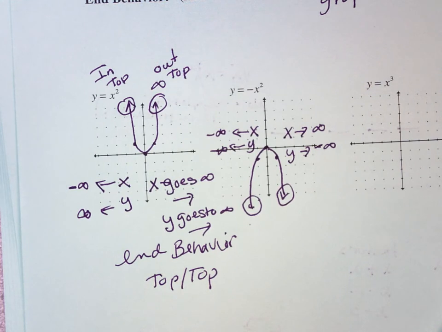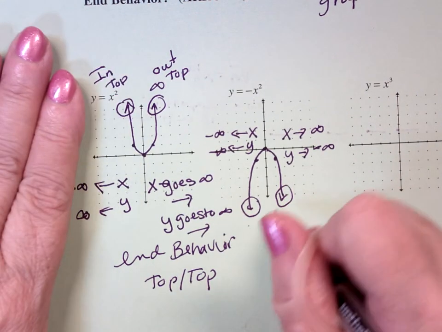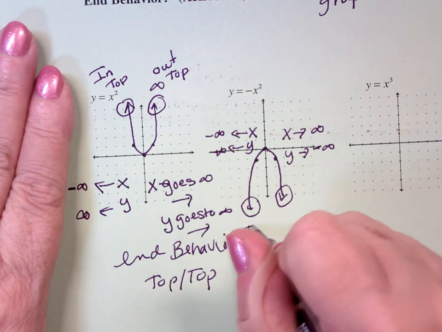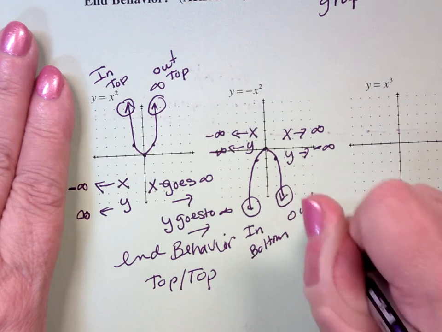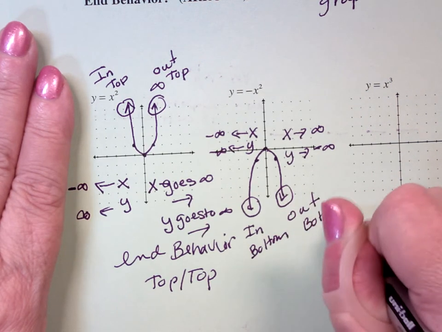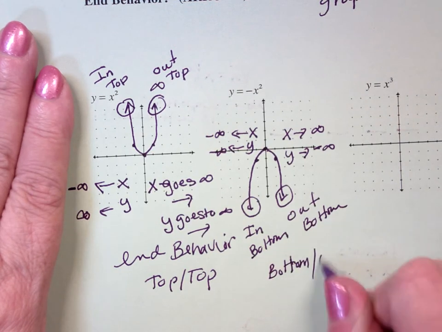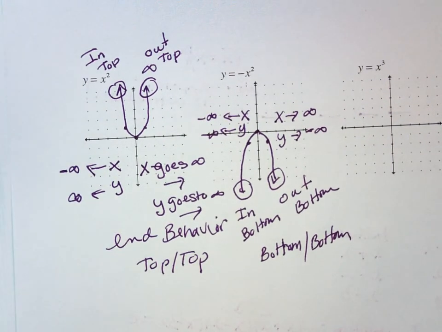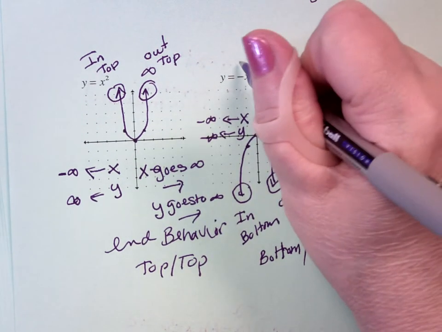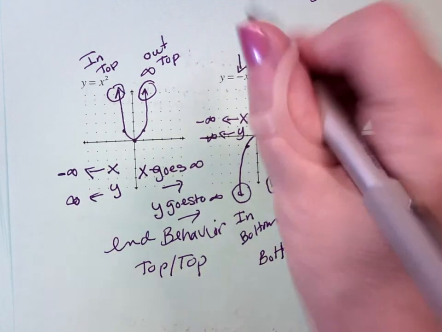At the end, I don't care what it does in the middle, I care what it does on the end. So for me, this is in from the bottom, out through the bottom. So it's bottom, bottom. Same direction. Now, what determines whether it's top, top, or bottom, bottom is the leading coefficient being negative.